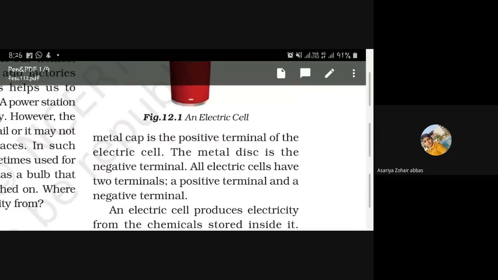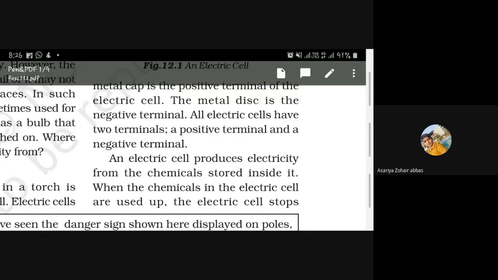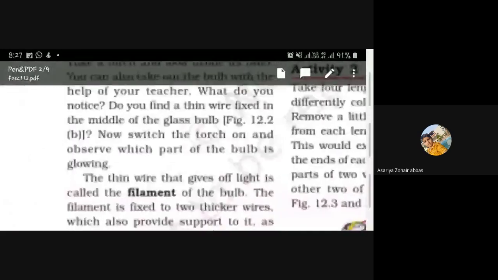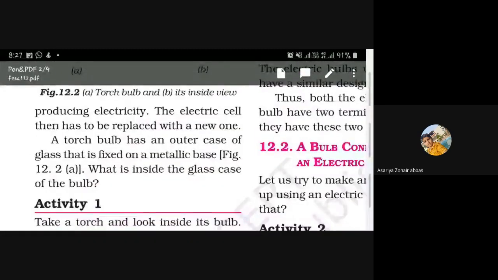One minute. Okay. We have to know how the electric cell is producing electricity. From that small metal piece, there is a chemical stored inside it. When the chemical in the cell is used up, the cell stops producing electricity.